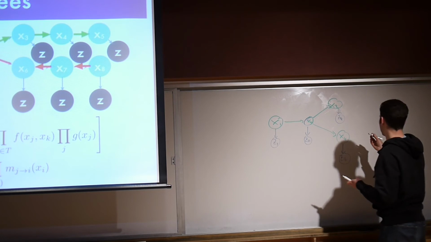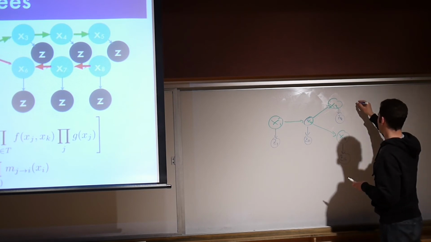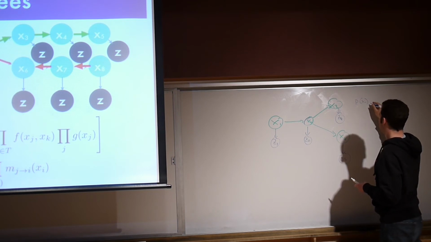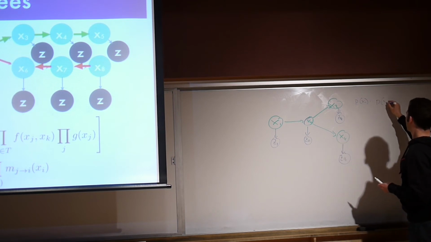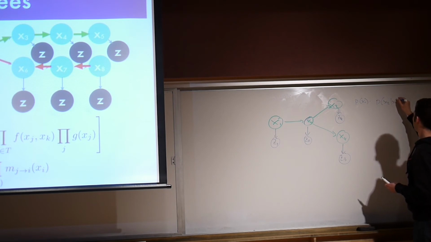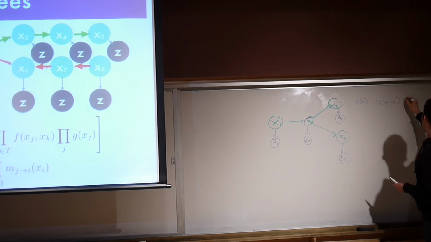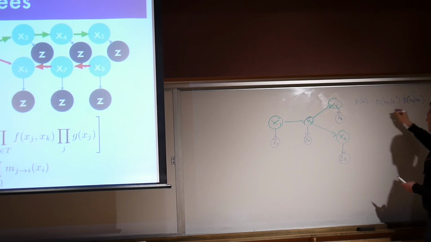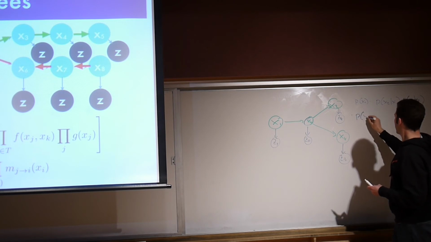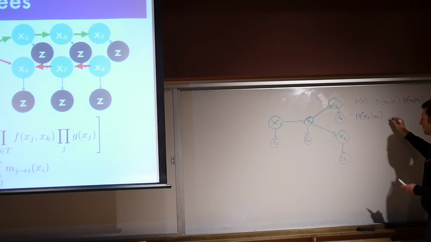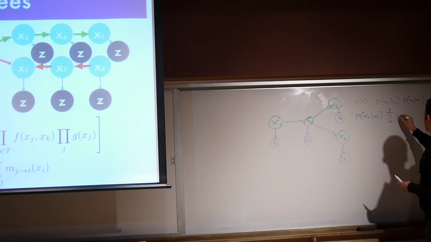So let's just write it out without all the products and everything. So we have basically P of x1. We have P of x2 given x1 times P of x3 given x2 times P of x4 given x2 times, and now I'm just being a little bit lazy here, product i going from 1 to 4, P of zi given xi.